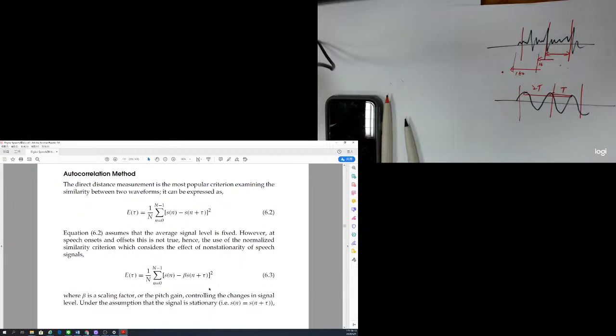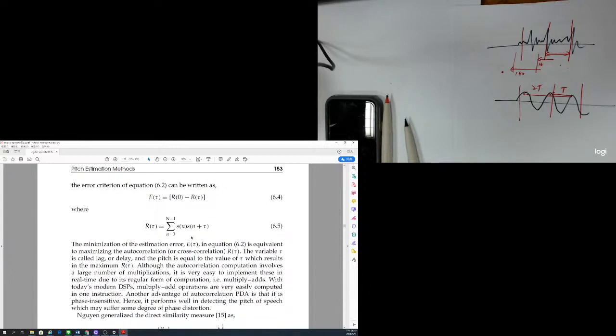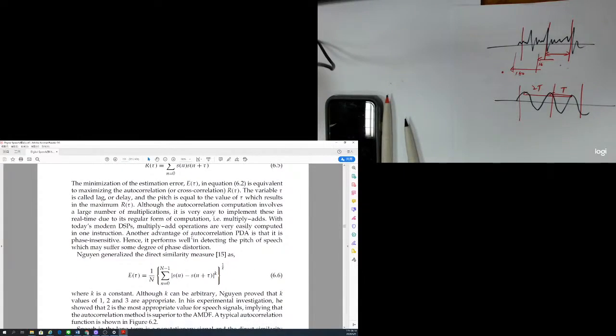You can see we also consider the beta scaling vector, because sometimes your voice has some energy variation. So we have to think about whether it's possible to give some beta there.